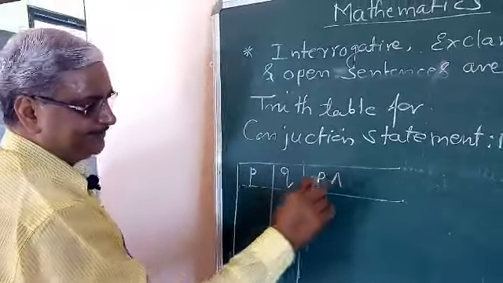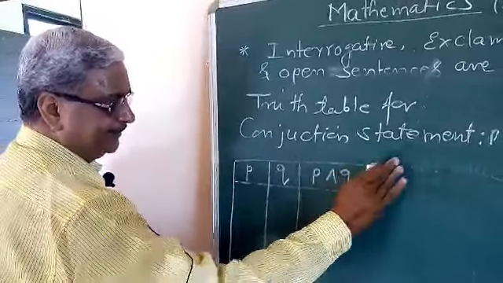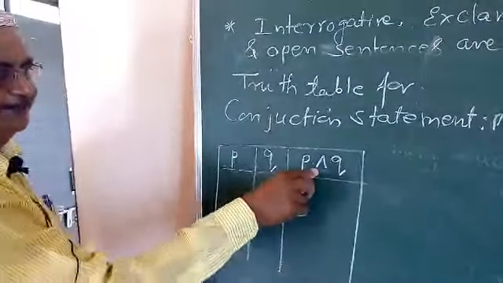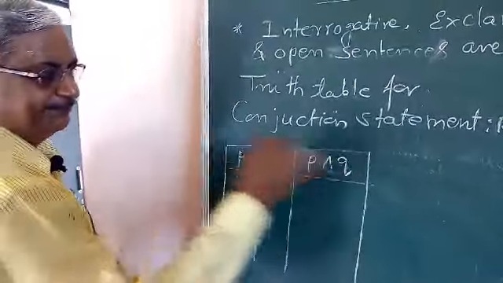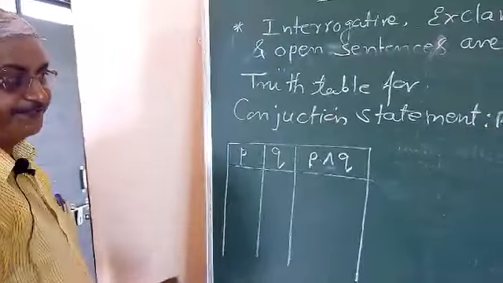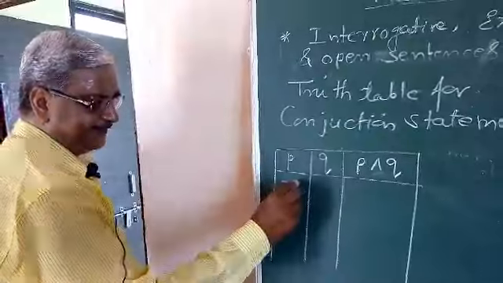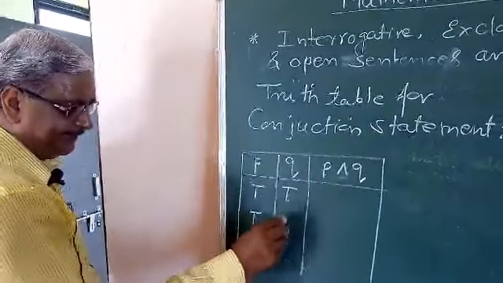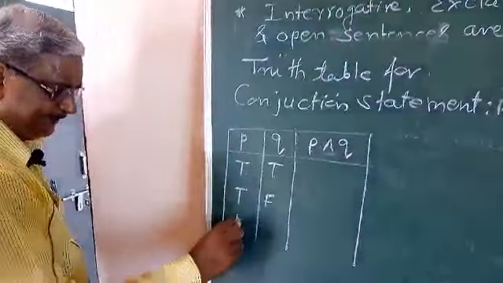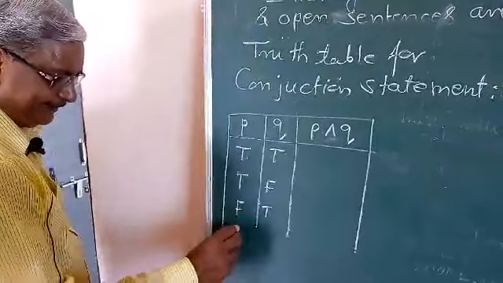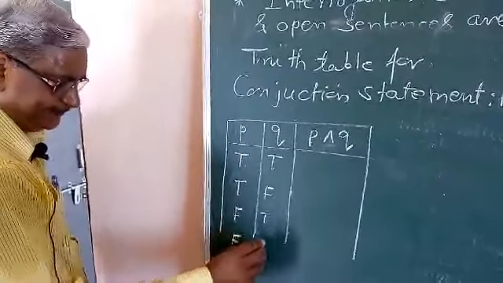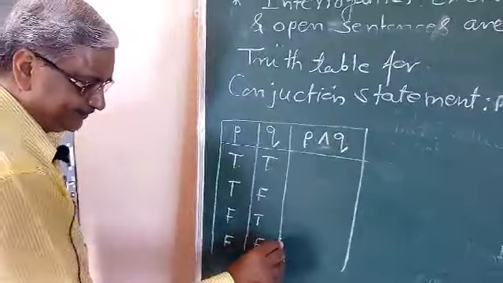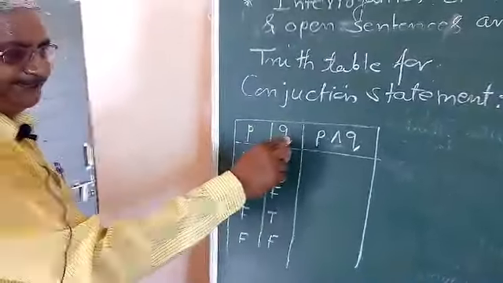Two statements P and Q are connected by the connective and, and therefore the statement P and Q is called the conjunction statement. Now we take the different truth values: TT, TF, FT, FF. These are the truth values related to the statements P and Q.